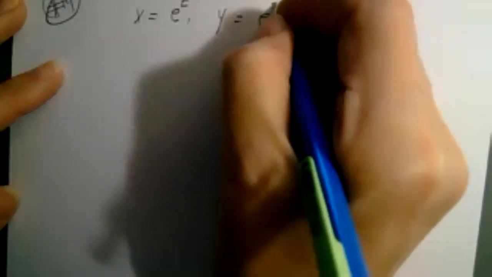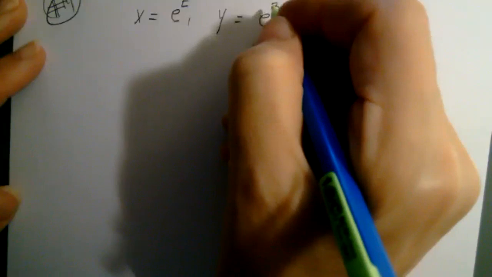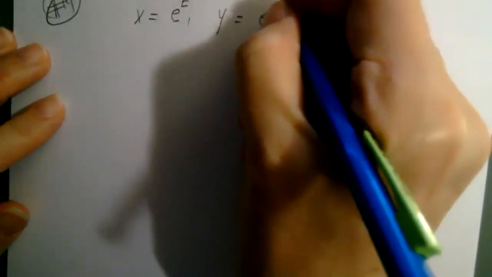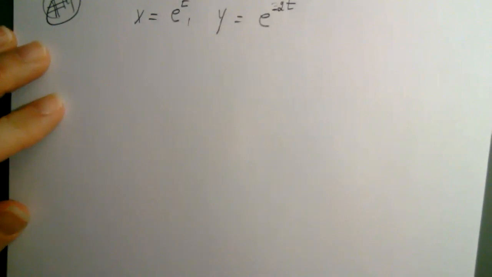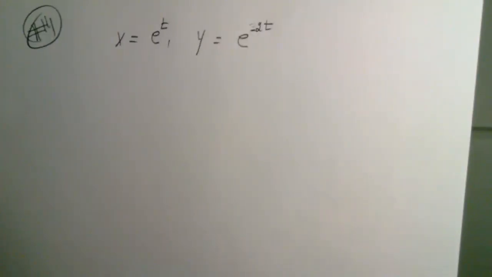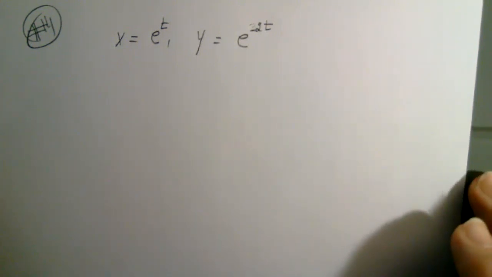Okay, we have x equal to e to the t. Y is e to the, sorry, minus 2t. Okay. So this is minus 2t. And the question is, we need to find an equation that relates x and y, which is independent of t.